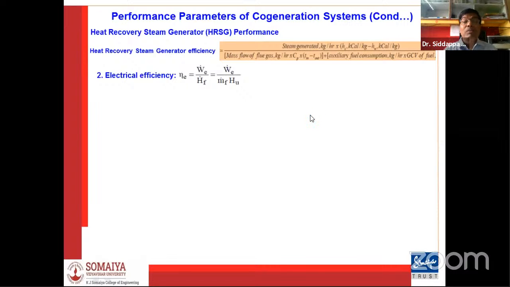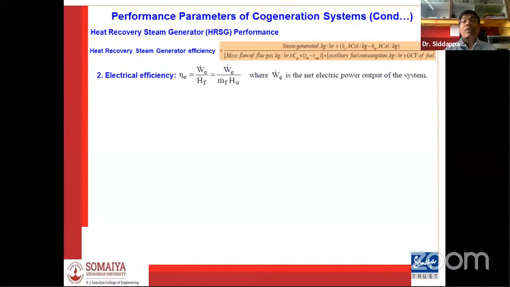That term we define as electrical efficiency, eta E, where WE is the net electric power output from the system. If, for example, from a thermal power plant, I am putting in 100 units of heat energy and I get 35 units of power output from the generator, then the electrical equivalent is 35 units.